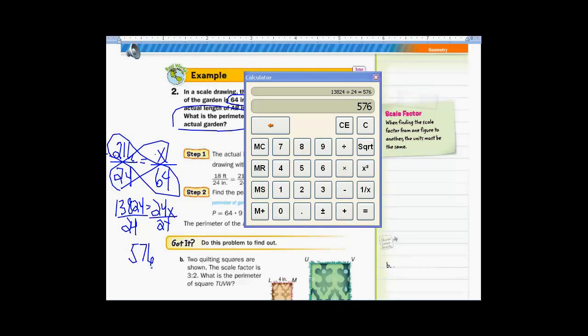We're all talking about inches here. Now, if I wanted to ever ask how long is that, 576 inches, we don't ever talk like that. So you can convert that back to feet if you divide by 12. Convert that back to feet, and you get 48 feet.